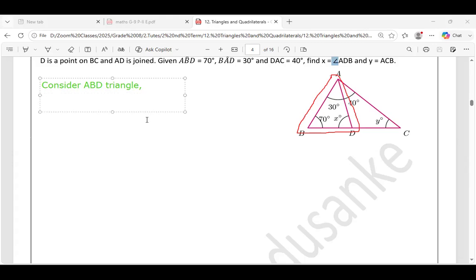Then I am going to apply the theorem. I am going to find x, so I am going to start from x. x plus 70 degrees, don't forget the degrees, plus 30 degrees. Those are my three interior angles in this highlighted triangle. Then it is equal to 180.